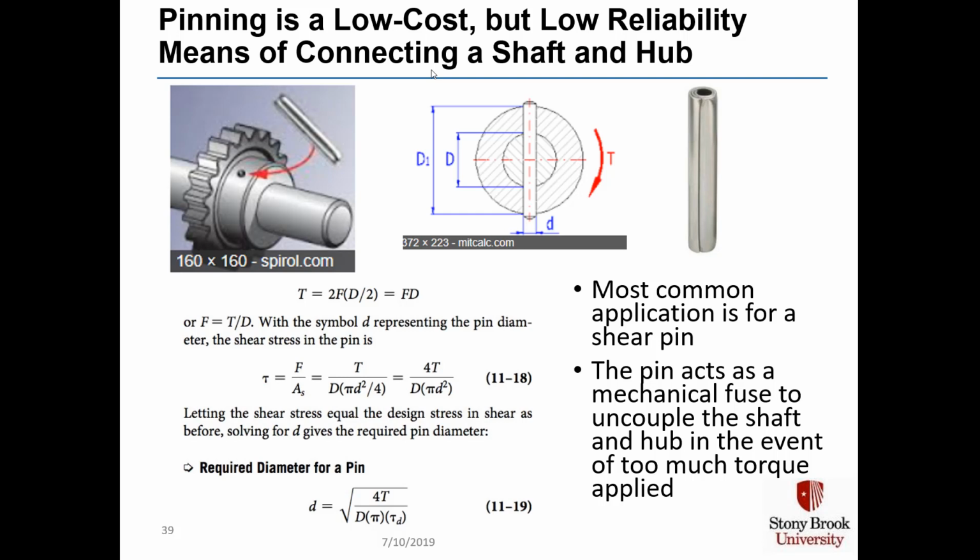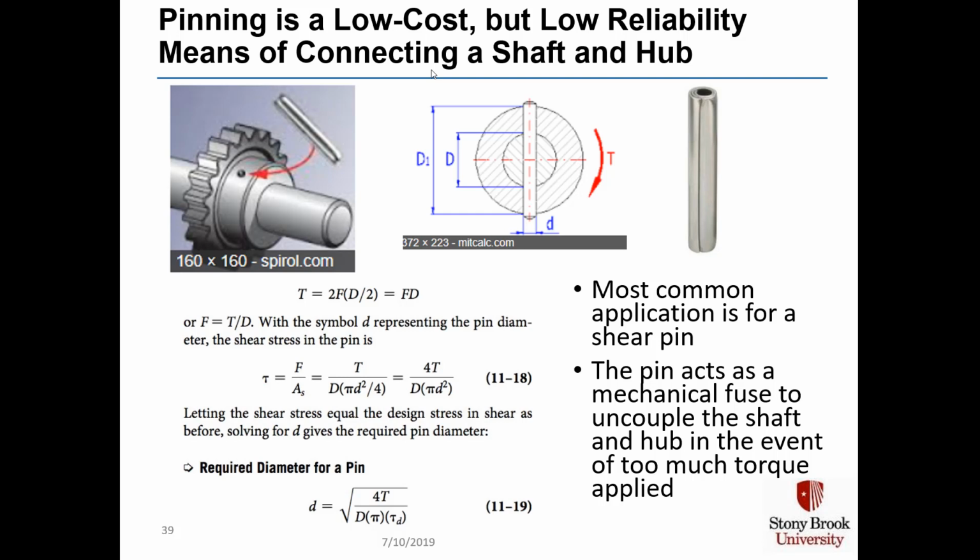We can calculate that torque from the equation T equals 2F times D over 2, which is equal to F times capital D, and with the symbol small d representing the pin diameter, the shear stress in the pin is tau equals F divided by A sub S, where A sub S is the shear area, pi times small d squared over 4.